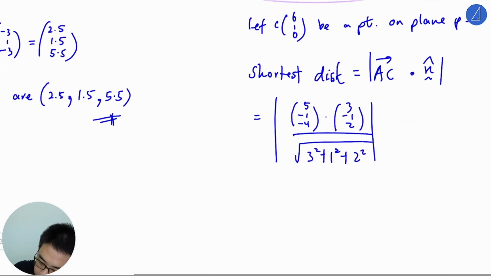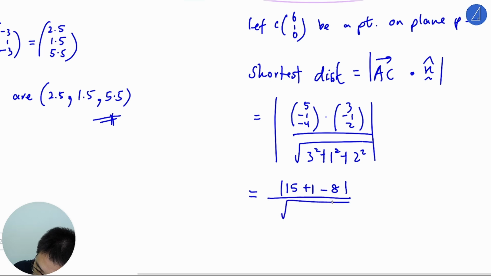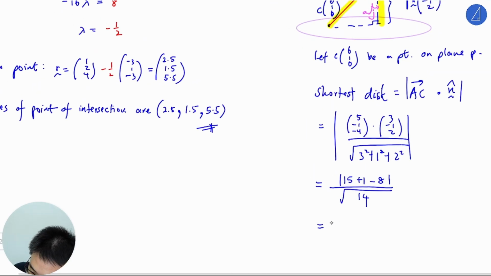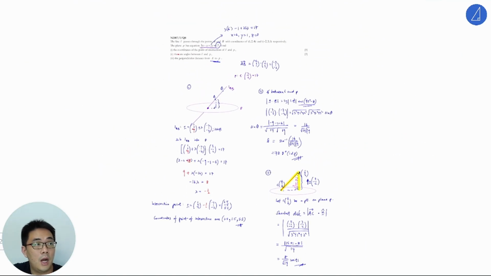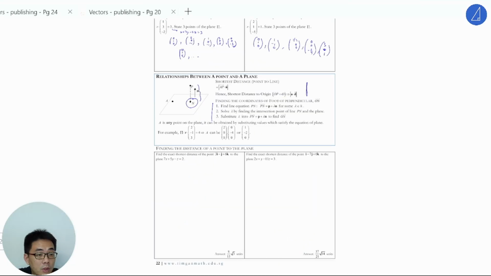That will be it. That's how you do it. Refer to page 21. I think is it page 21 of our notes? Page 22 of our notes here.